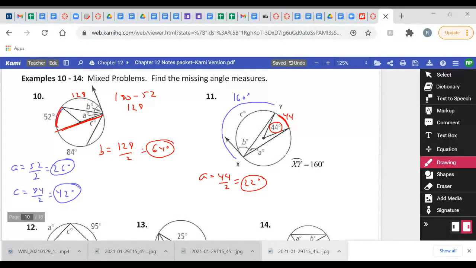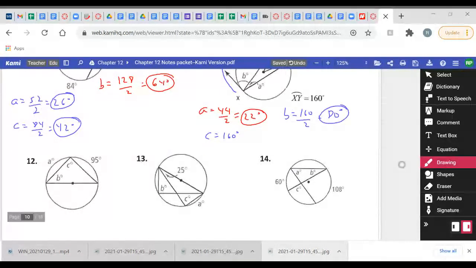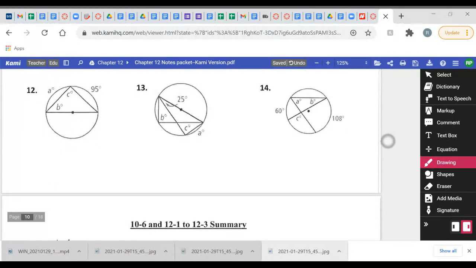That is what they're asking for. I know that it's 160. So they're just telling me that. All right, and then I see that B has to be half of the 160, which is 80.